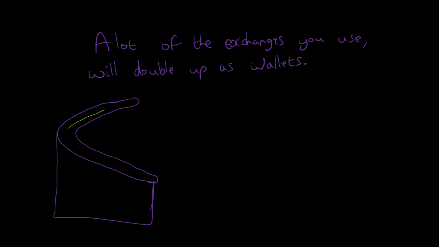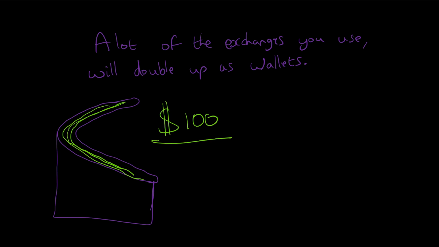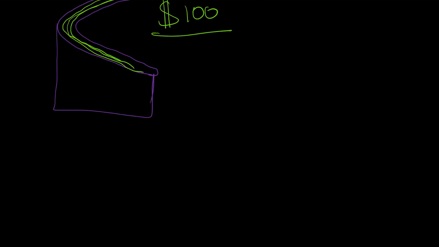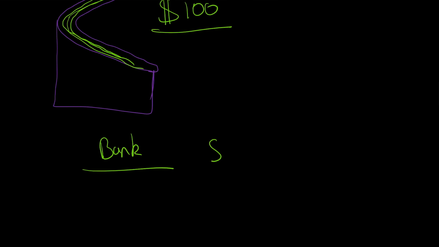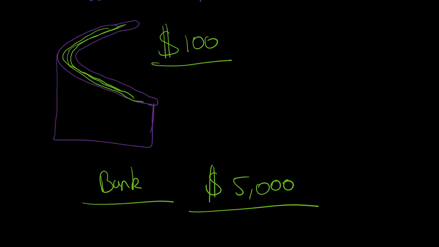In here, we have some dollar notes. We're cash rich. So let's say we have a single $100 note. And let's say we have a bank that we have an account with, and the bank is storing $5,000 worth of our money. Regardless of what happens to our bank, our $100 note will still remain in our possession.